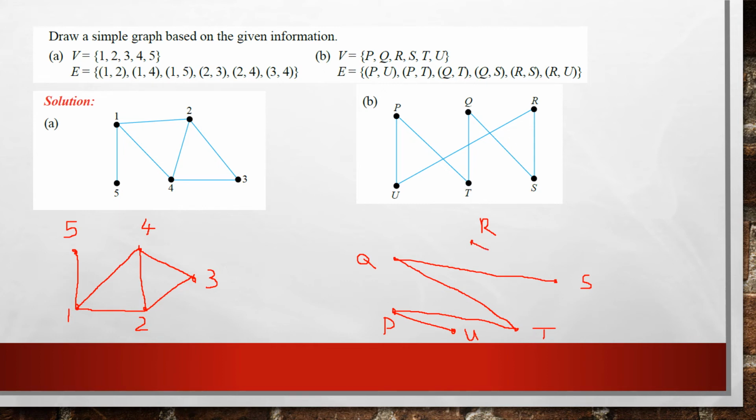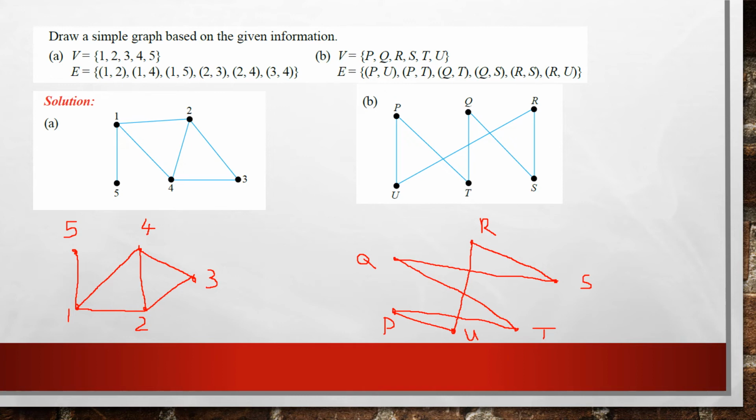Then RS. Then RU. Make sure you use a ruler to draw the straight line. So it's up to you how the diagram is, but you must follow the condition given in the question.